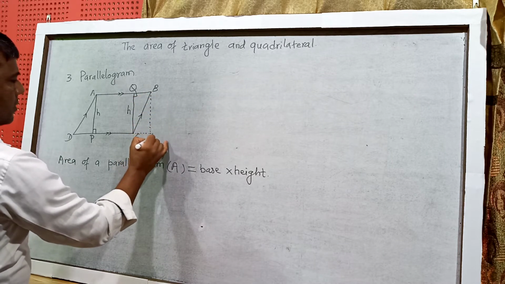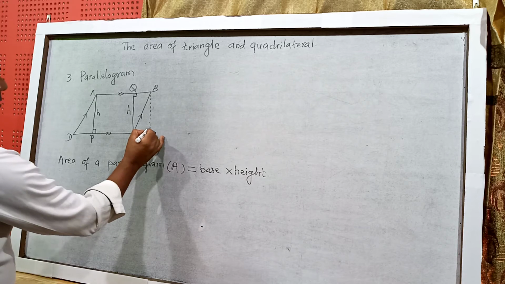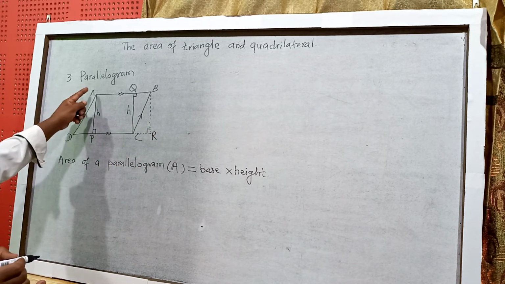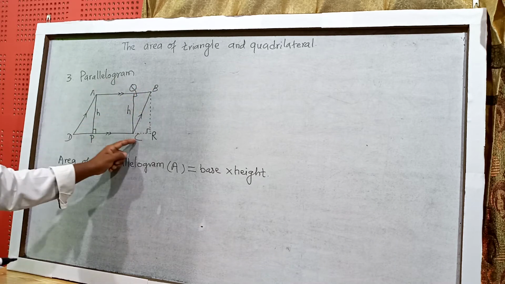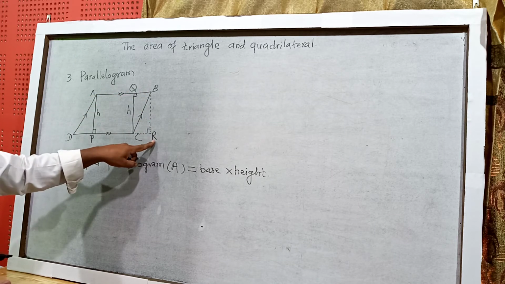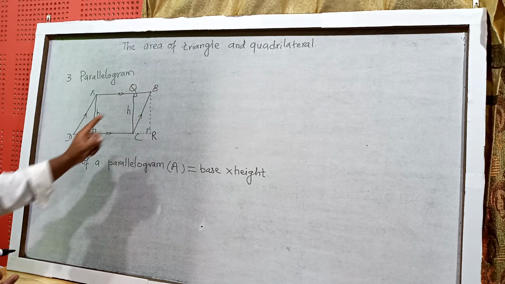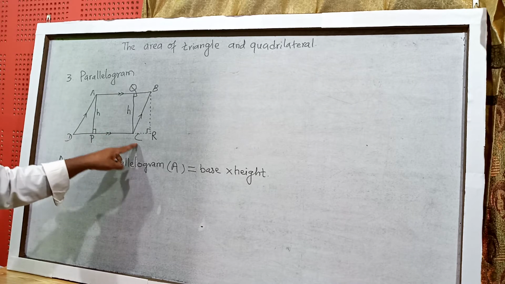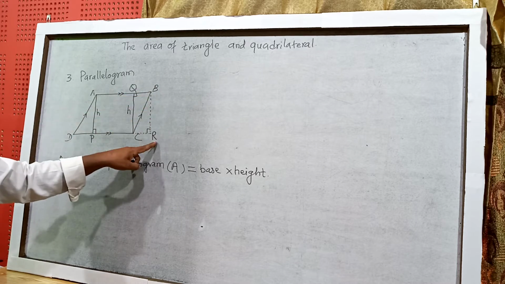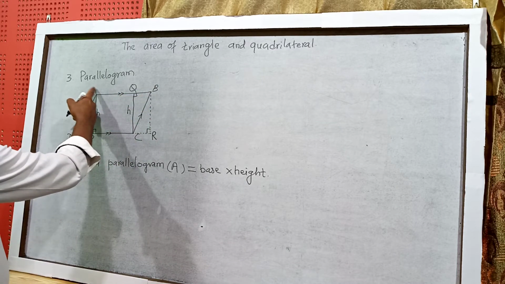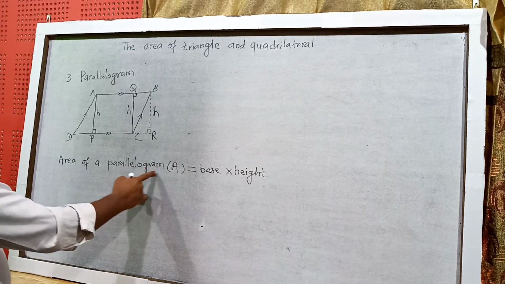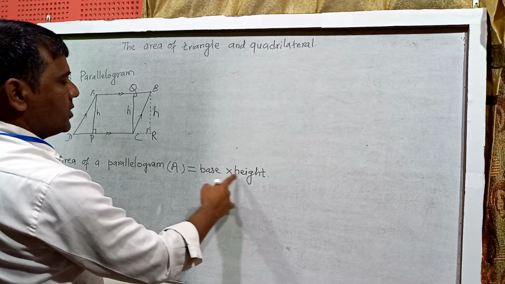BR is the height of parallelogram ABCD, because this BR is the perpendicular from B to the side CD. So CD is the base and BR is the height of parallelogram ABCD. So area of a parallelogram A equals base into height.